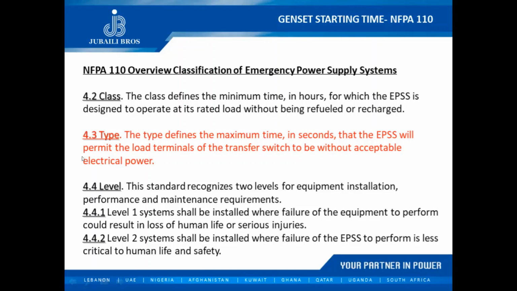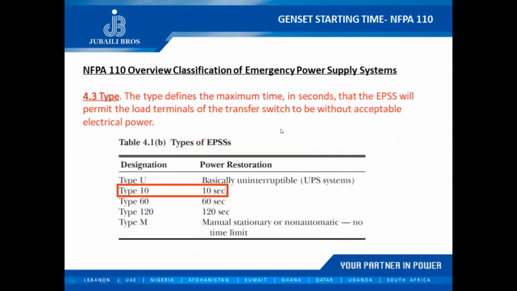Today I'm just going to talk about NFPA 110 type, because this is where the 10-second requirement comes from. The type defines the maximum time in seconds that the emergency power supply system will permit the load terminals of the transfer switch to be without acceptable electrical power.